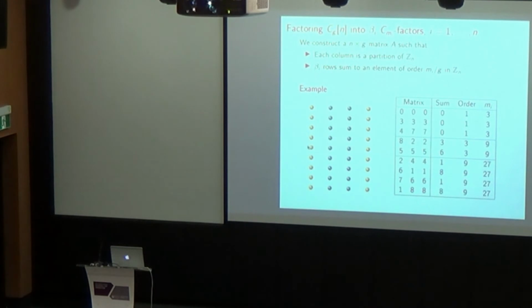So let's look at our example here. Here g is 3, n is 9. We have C3 blown up by 9. If I look at this first row, in my matrix I have 0, 0, 0. That has sum 0, which is of order 1 in Z9. So this is going to give me a 3 cycle.